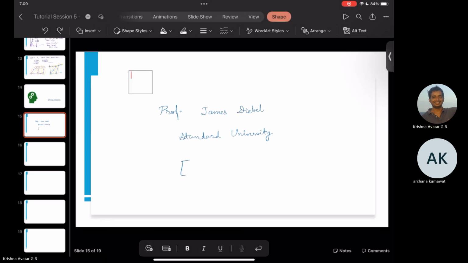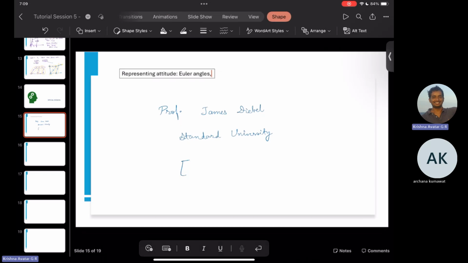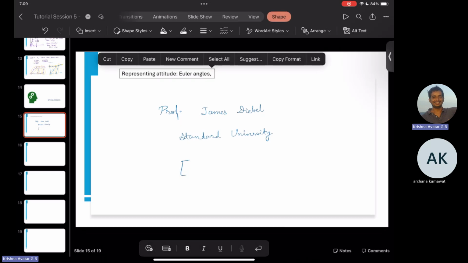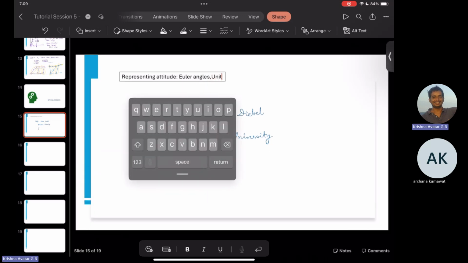So representing attitude, Euler angles, and then we have unit quaternions and rotation vectors.